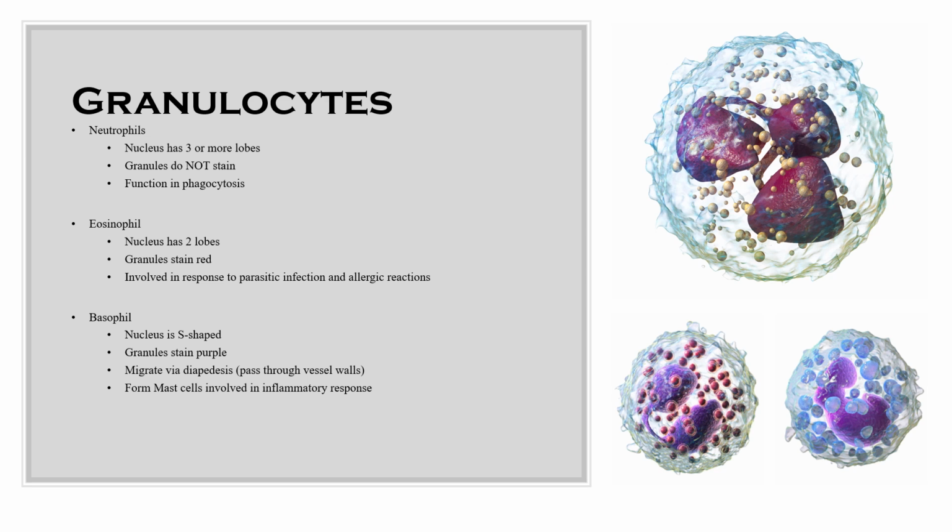Now, an eosinophil is involved in responses to parasitic infections and, of course, allergic reactions. Basophils have a nucleus that is somewhat S-shaped. The granules stain purple. And what's interesting about the basophils is that they migrate via diapedesis, which is how they pass through the vessel walls, and they form these mast cells that are involved in the inflammatory response.